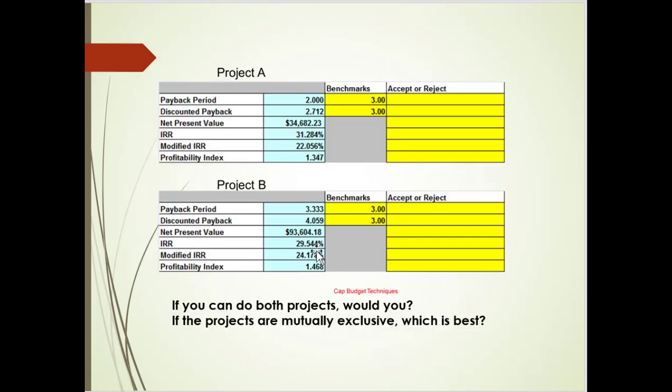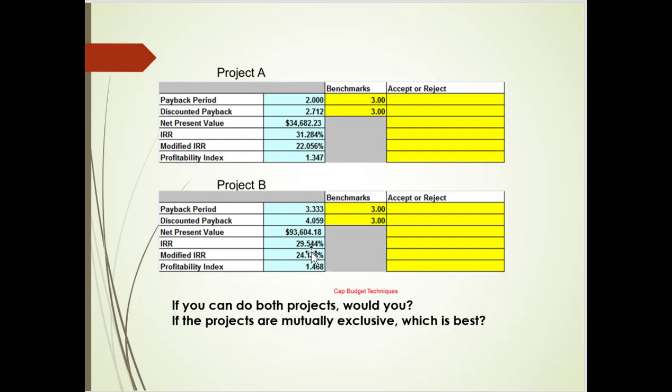With respect to the internal rate of return, again, we look at this ratio. The internal rate of return rule says if this is greater than the discount rate, in this case 15%, you would want to do the project. And again, both projects are good with respect to the internal rate of return.